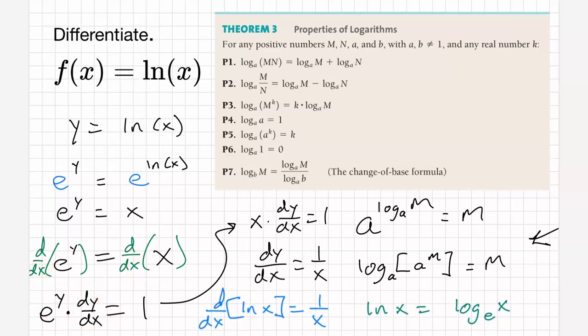But the nice thing here is we took a step in between and used it to rewrite this problem to get rid of that e to the y, which allowed us to get to the derivative itself. So now we have the derivative of the natural log, and we didn't even have to do the limit definition because we could trust the limit definition that we already did. Everyone follow me on that?